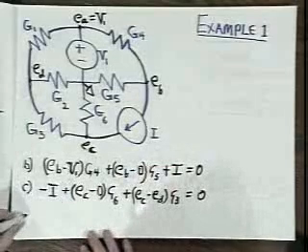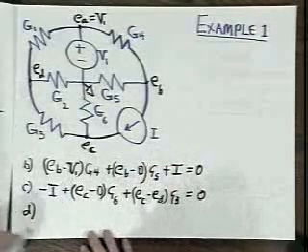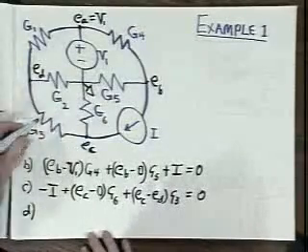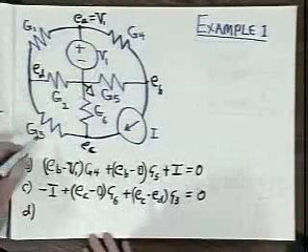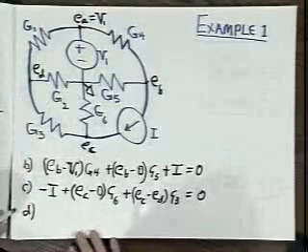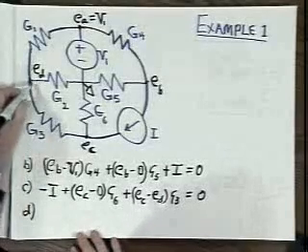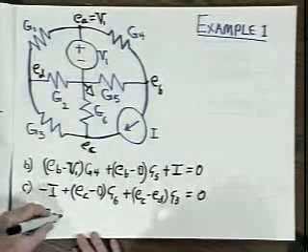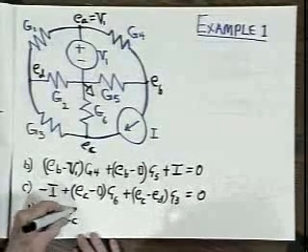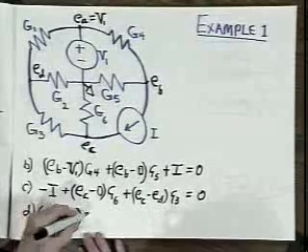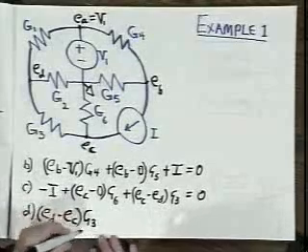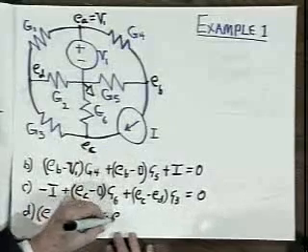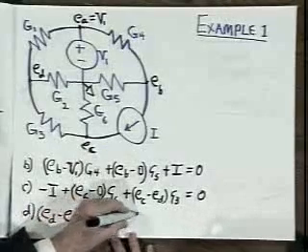And then finally, we'll go over to node D and sum the currents here. 3 conductances, one of them tied to the reference node. So if I start with G3, the current out of this node through G3 is E sub D minus E sub C times G3, plus the current out through G2, which is E sub D minus 0.